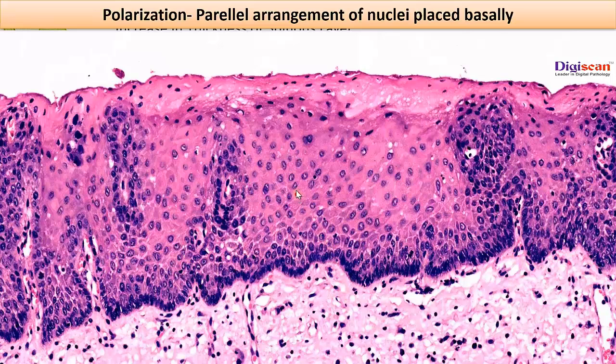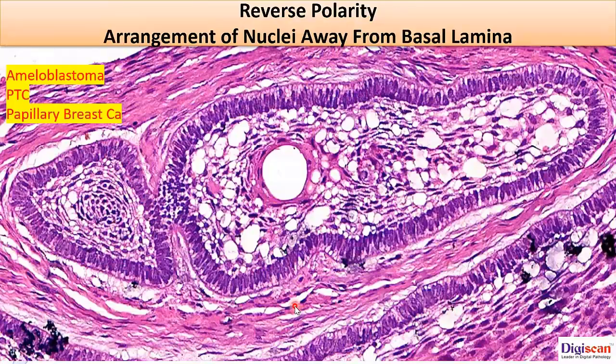So, what is polarization? Again, this is the parallel arrangement of the nuclei with basal placement of the nuclei. And opposite to polarization is the reverse polarity of the nuclei.